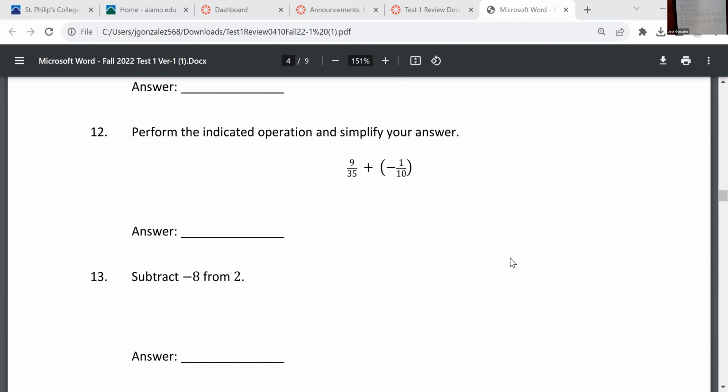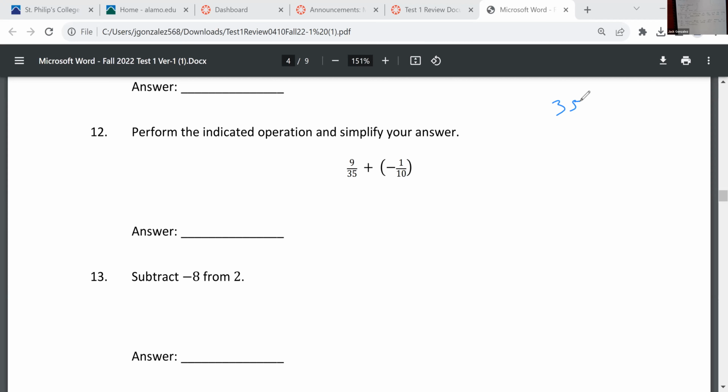Here we have a fraction. We're going to do all the fractions stuff. What is the LCD on 35 and 10? Well, that would be the prime factors of 35, right?